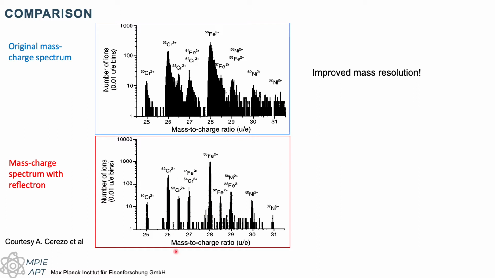This was all done with a reflectron like the one I've shown here, with a small angle of admission. But there are a number of issues associated with reflectrons, in part due to the fact that the grid will cause the loss of a number of ions, and also the trajectories of the ions are really not that straightforward, and the way it's processed in the commercial instruments is not always completely straightforward.